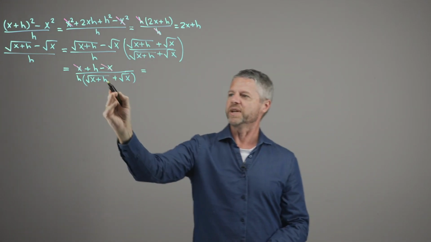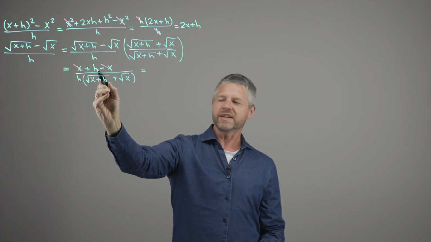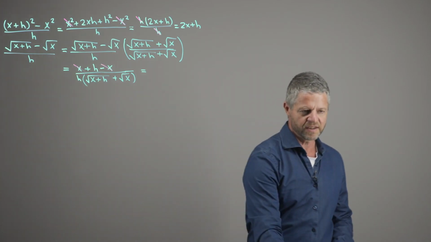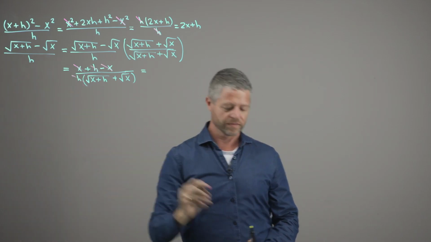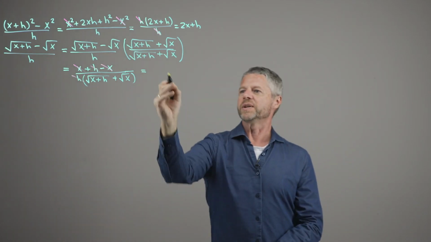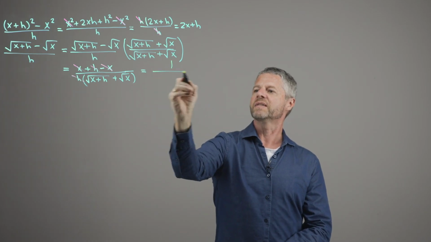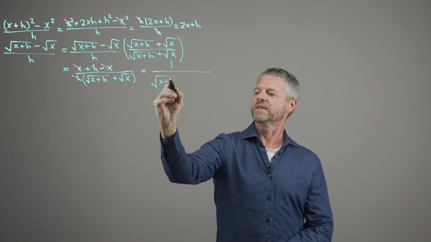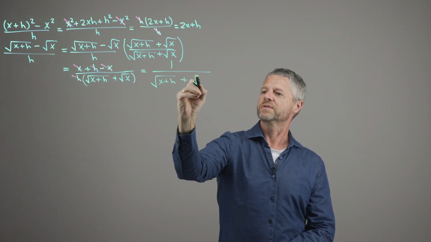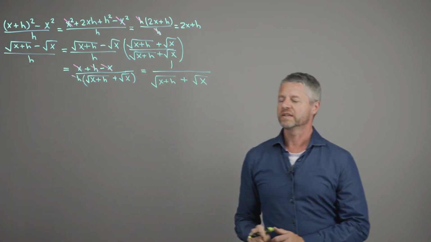And I'm left with an h in the numerator and an h in the denominator, so those cancel too. So I'm left with 1 in the numerator and square root of (x plus h) plus square root of x in the denominator.